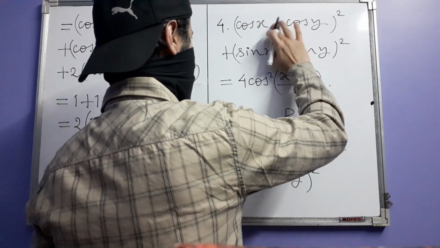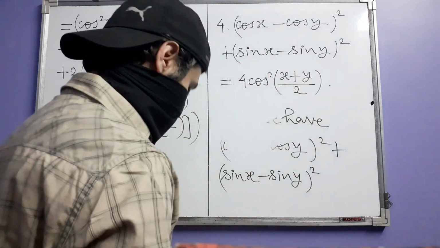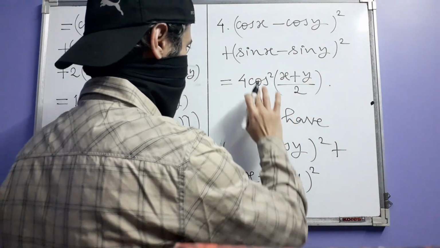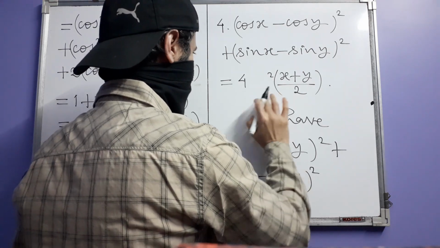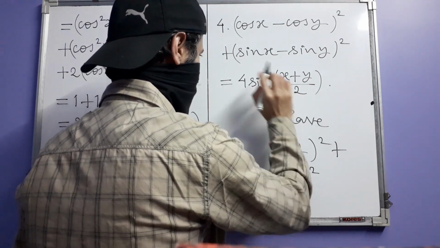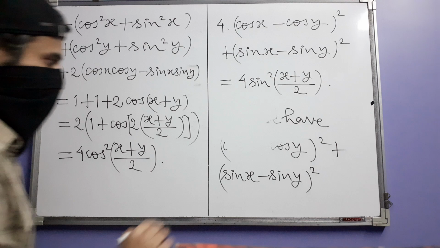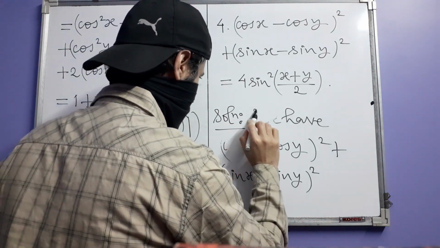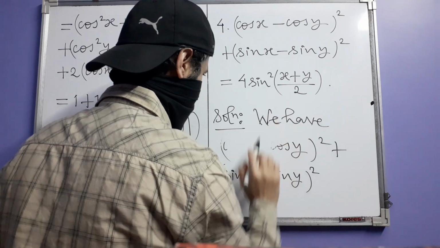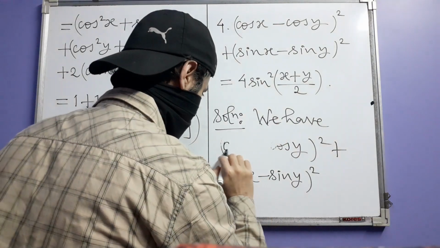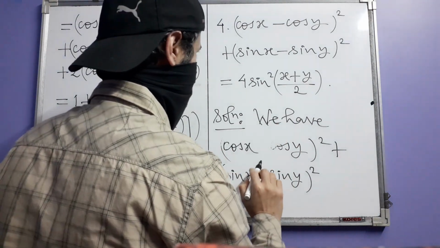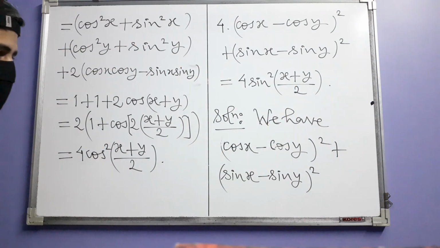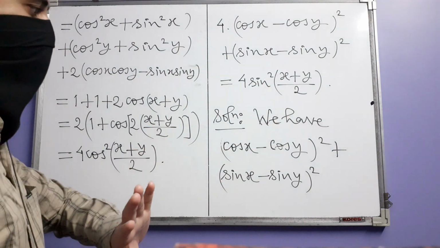So in this case, we have cos x minus cos y whole square plus sin x minus sin y whole square. And in this case, you have to show this. So let's just modify this previous solution. We have cos x minus cos y square plus sin x minus sin y square.